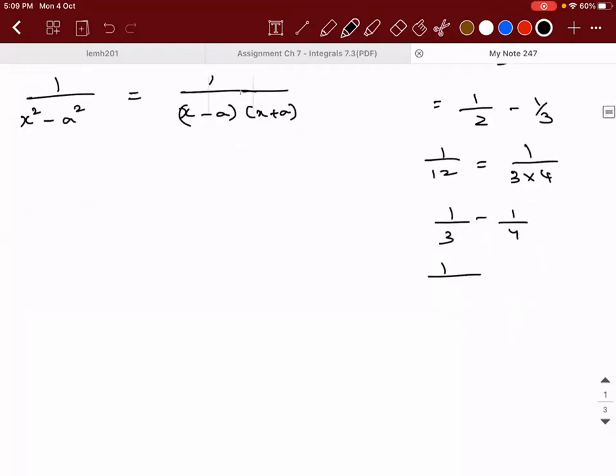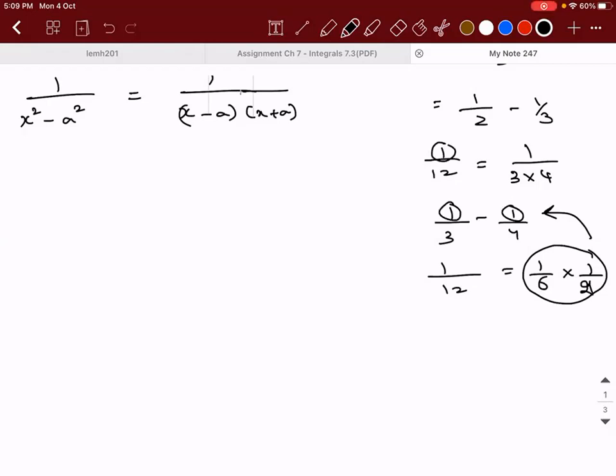Similarly, I can write 1 by 12 as 1 by 6 into 1 by 2. But I will not be able to write this in the form of 1 by 3 minus 1 by 4, because I ensured that the numerator is 1. I saw that here also the numerators are left out to be 1.